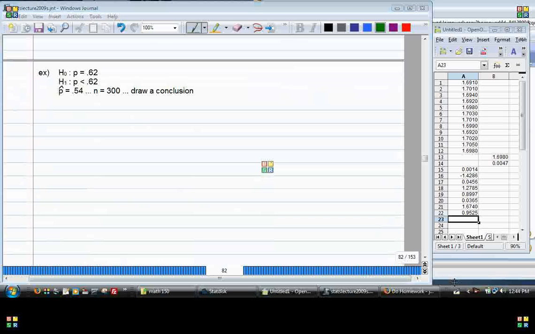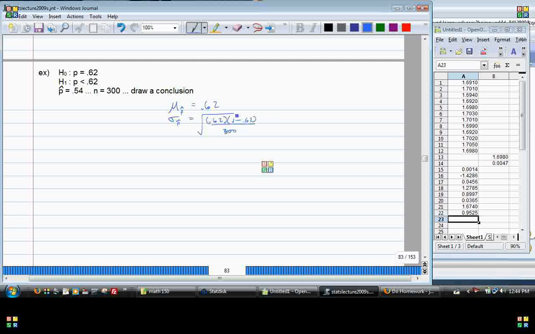They're already there. That step's taken care of. So the next thing you should be doing is saying what's my mean for p hat? And that's 0.62. And what is my sigma for p hat? Divided by 300. And what does that work out to? 0.0280.